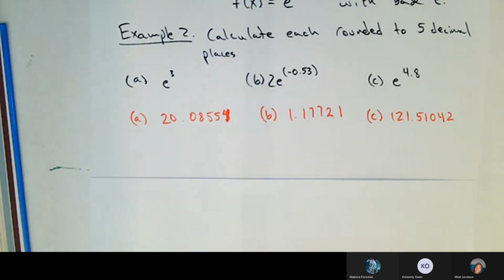So one thing we should note here is the domain is completely unbounded because it's an exponential function, right? It's not special in the sense that it has a weird domain or a weird range.